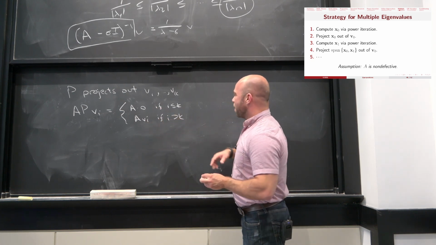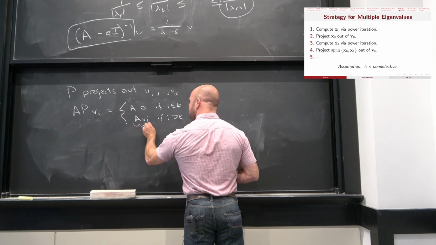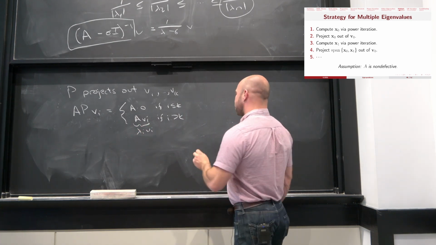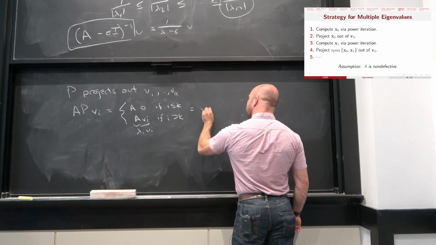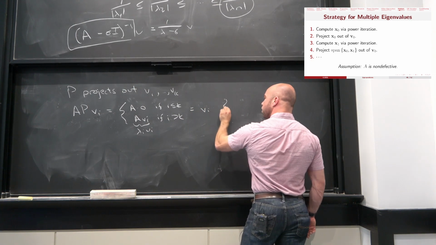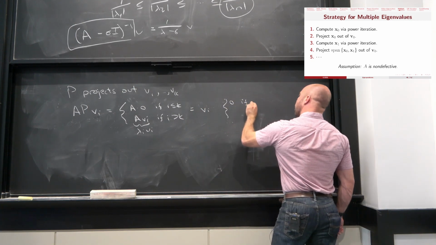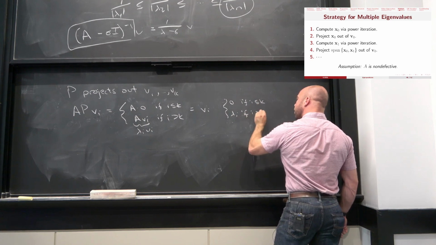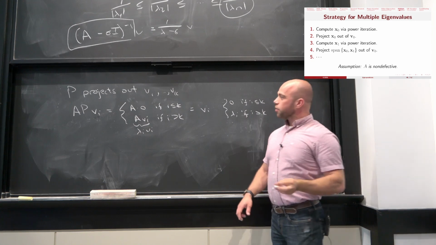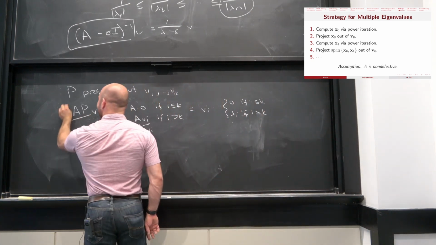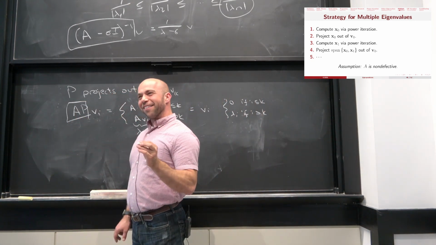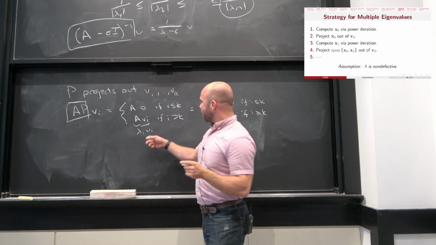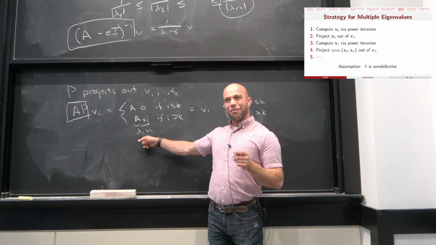But notice, of course, this is the same as lambda i vi, right? So this is equal to vi times 0 if i is less than or equal to k, lambda i if i is greater than k. So what we've essentially shown is that this matrix has a full set of orthogonal eigenvectors, and all I've done is take some of the really big eigenvalues and replace them with 0.